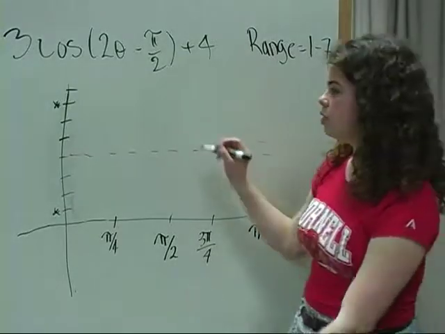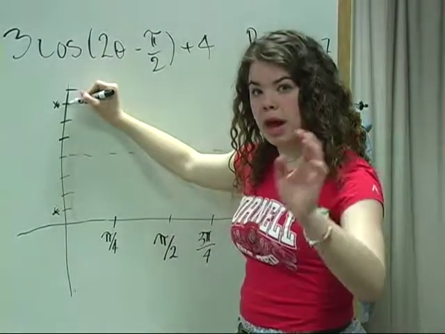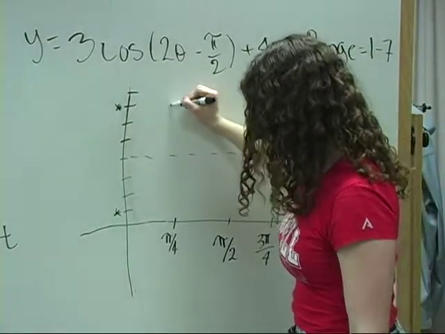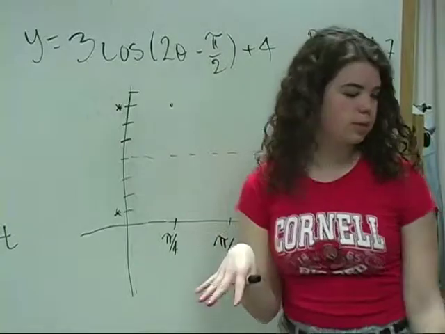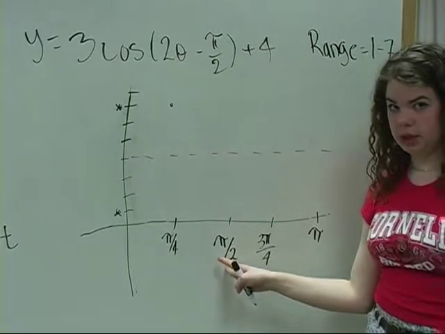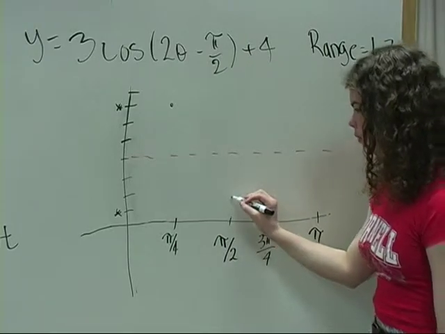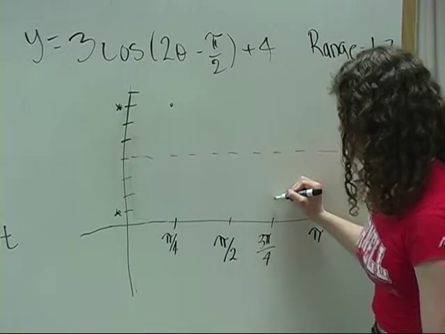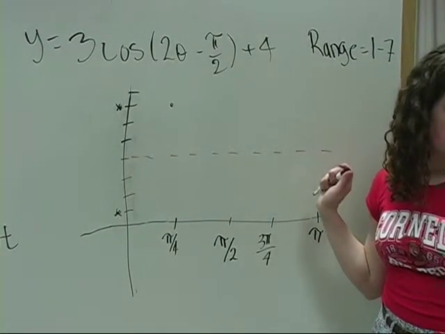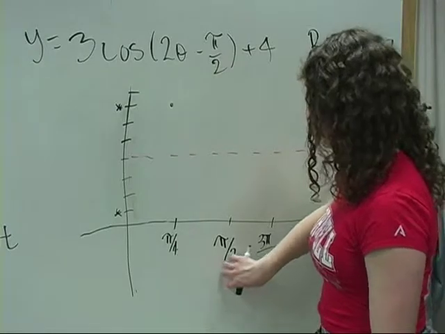Now, if our graph originally starts here at 0, at its maximum, and we now move it pi over 4 to the right, where is our maximum now going to be? It's going to be at pi over 4. So let's put a little point there because that's where our maximum is going to be. Now our minimum was originally at halfway, which is pi over 2.